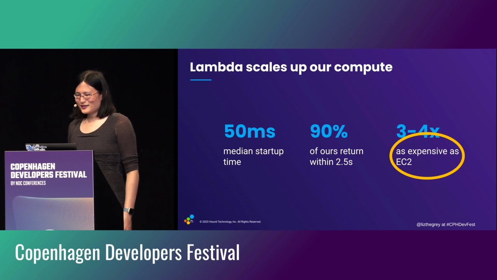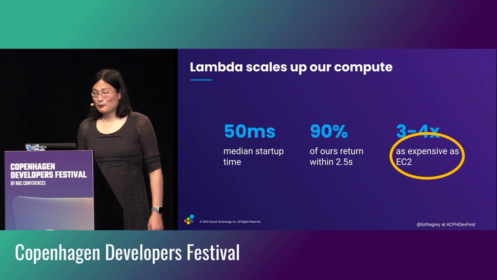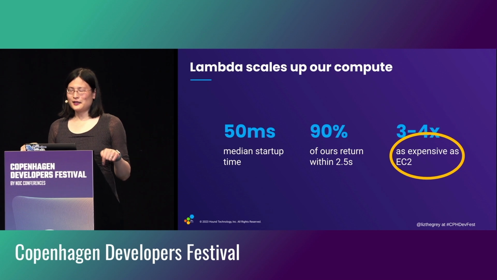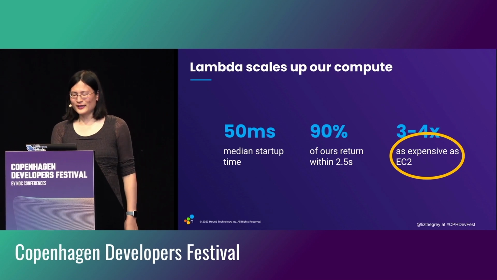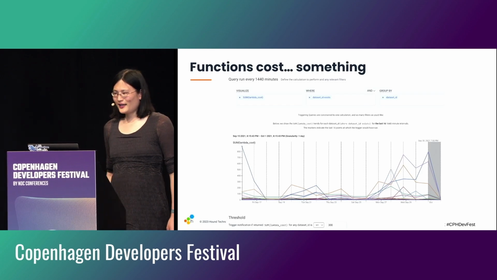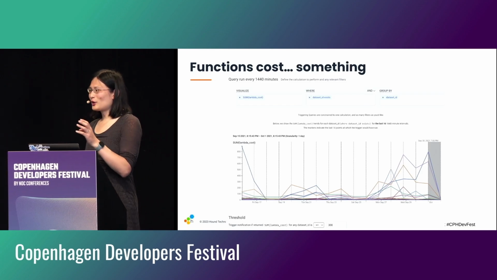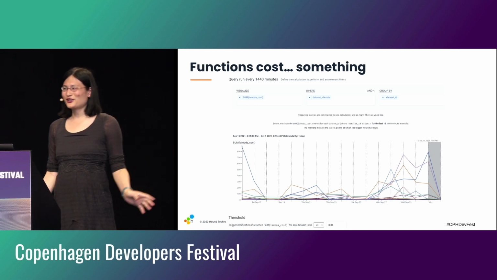And finally, I think there's this question of cost. Yes, per CPU millisecond of compute, Lambda is about 3 to 4 times as expensive as EC2. And this may seem like a horrible deal. Why would you ever voluntarily pay 3 to 4 times as much?